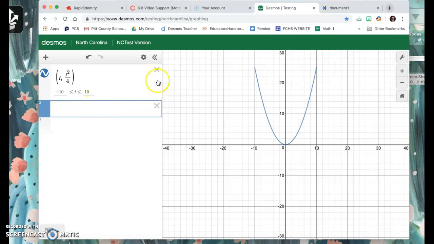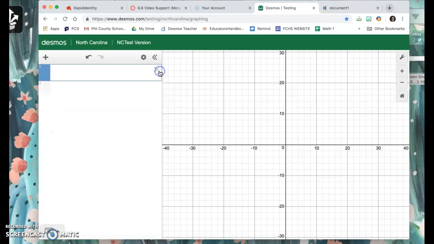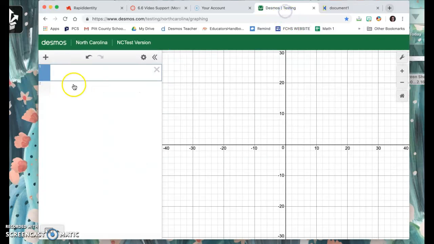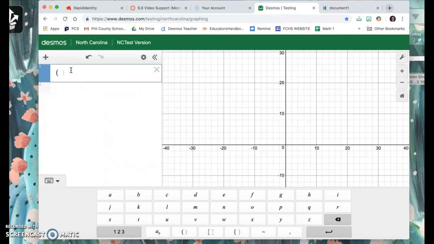So if I were to change this up and go back to the second problem, it tells me between negative 2 and 3. So again, I'm going to start my point, and x was negative 2t plus, excuse me, plus 2.